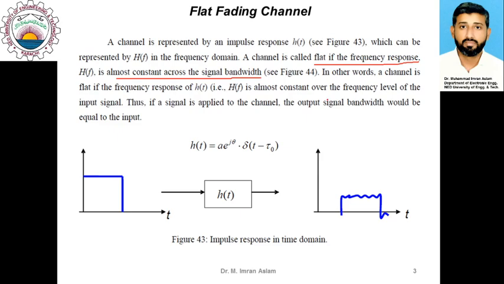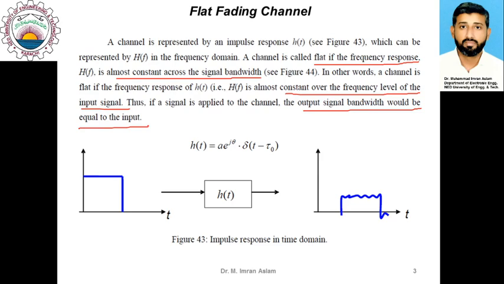In other words, the channel is flat if the frequency response is almost constant over the frequency range of the input signal. Because the response is constant, if any signal is applied to the channel, the output signal bandwidth would remain the same as that of the input signal bandwidth. So there will be no change in the bandwidth of the signal.